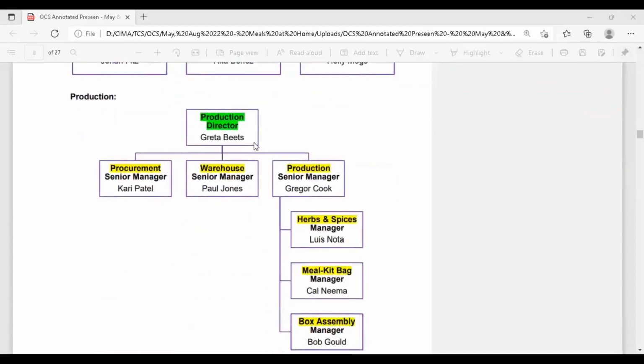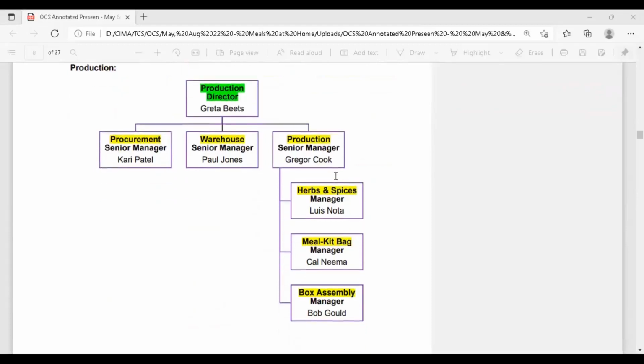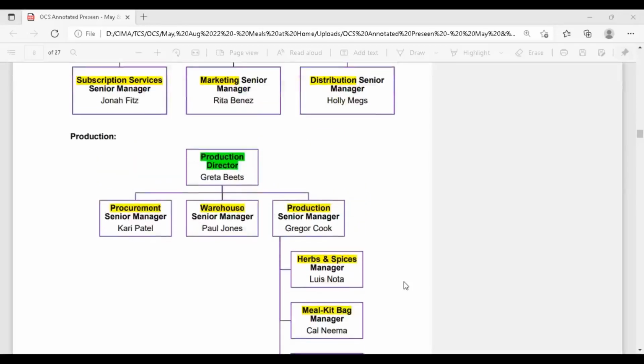The production department is headed by Greta Beats, and under her you get several different senior managers handling procurement, warehouse operations, as well as production. And under the production senior manager, there are three separate managers handling three separate operations within the company: herbs and spices, meal kit bag production, and meal kit box assembly. These are headed by several different managers.